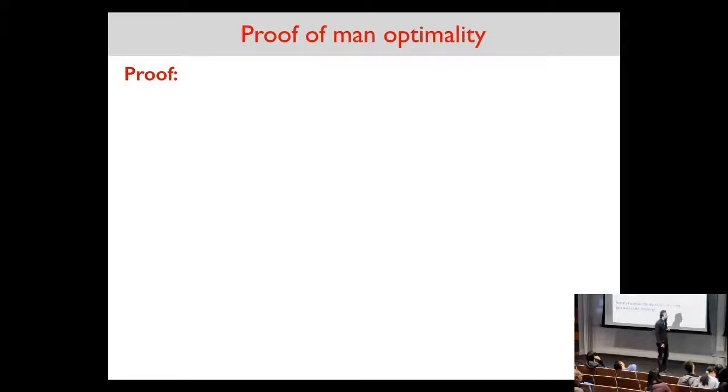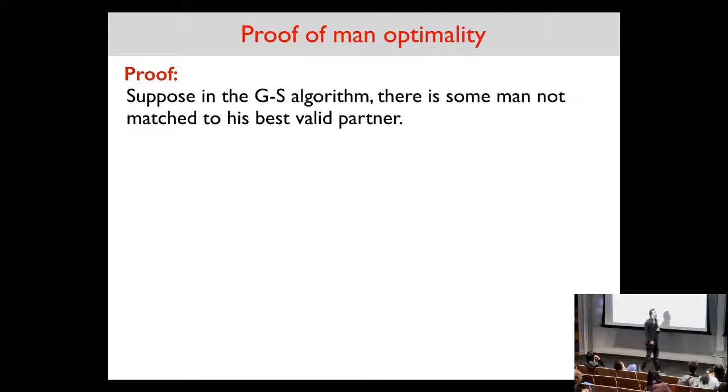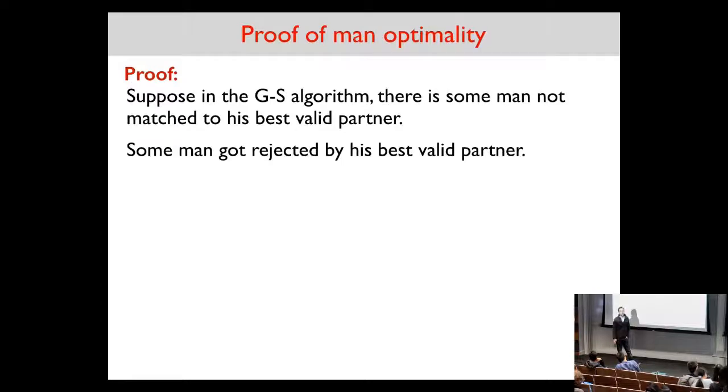So let's actually see the proof of this. Proof of man optimality of the Gale-Shapley algorithm. So suppose in the Gale-Shapley algorithm, there is some man not matched to his best valid partner. So again, we're going by contradiction. So suppose some man is not matched to his best valid partner.